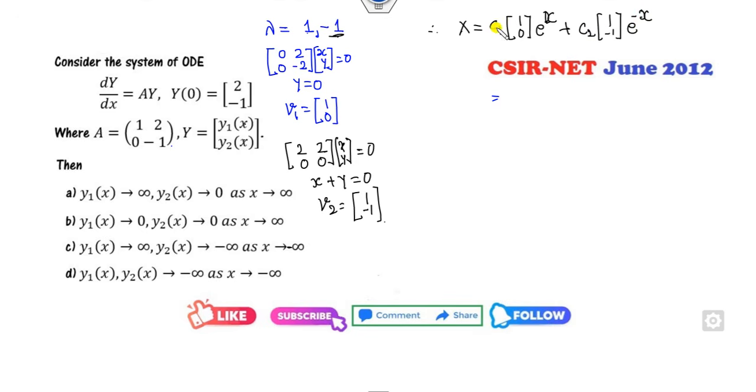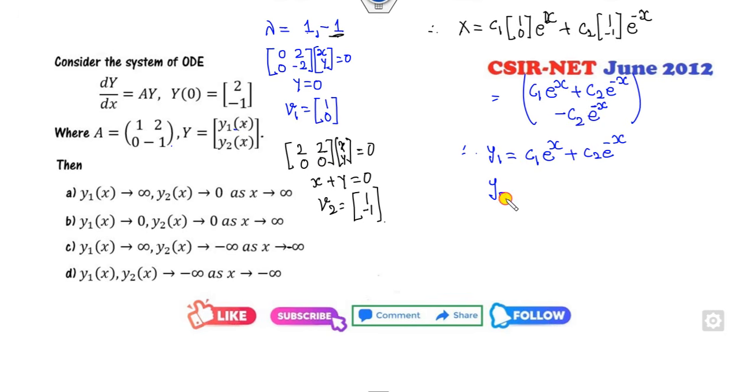If I open this bracket, the first component is c1 e raised to power x plus c2 e raised to power minus x, and the second is minus c2 e raised to power minus x. So what is the meaning of that? Your y1, the first component, will be c1 e raised to power x plus c2 e raised to power minus x. Your second solution y2 will be minus c2 e raised to power minus x.